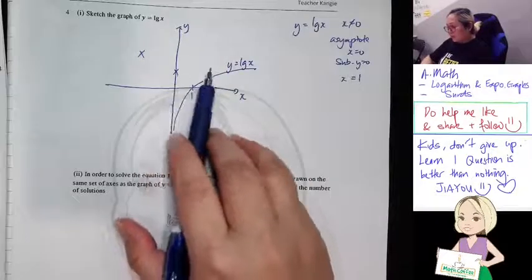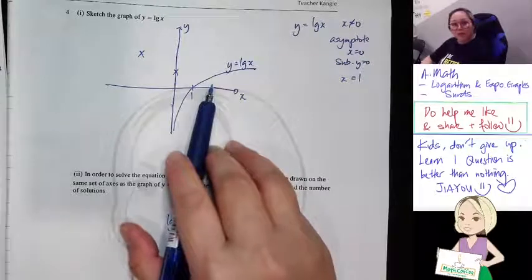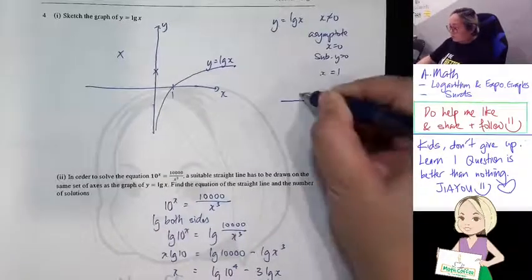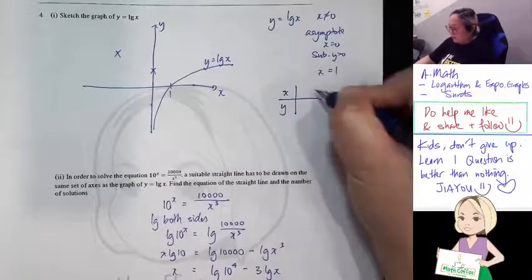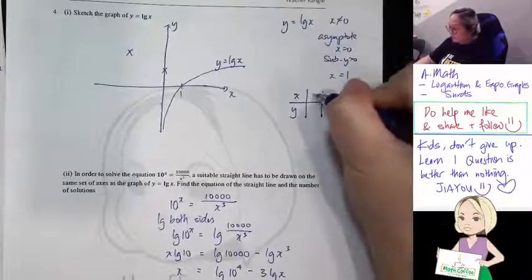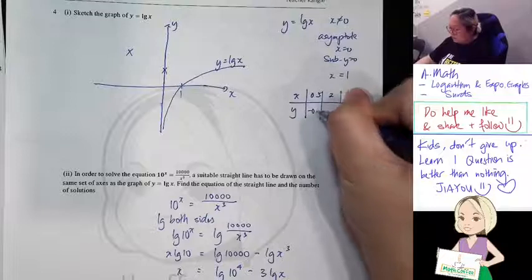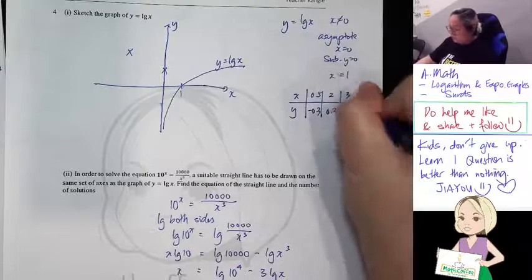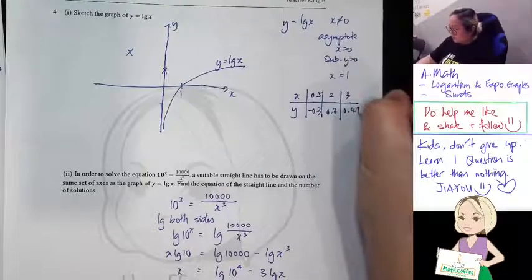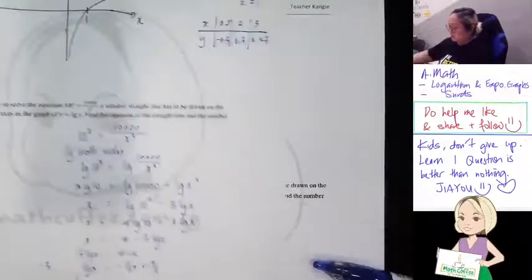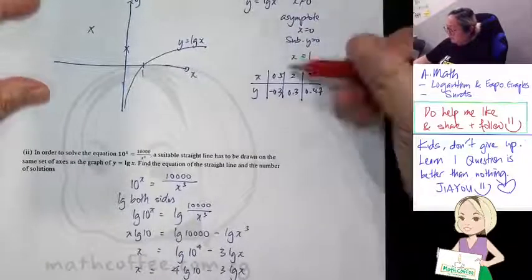So I want to know whether the point is above or below, right? So just now I never draw the points for here. So x and y. So let's say I have my 0.5, my 2, and my 3. This one is negative 0.3. This one is 0.3. This is 0.47. Take note, see here. This is the important thing that you need to know.